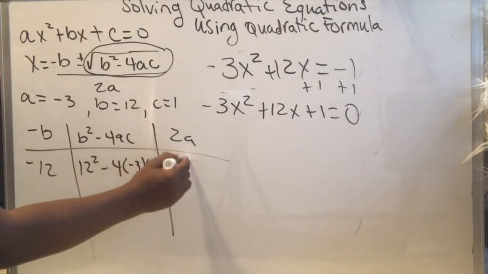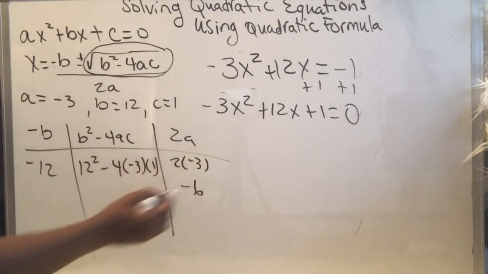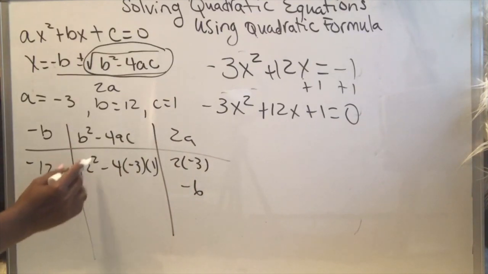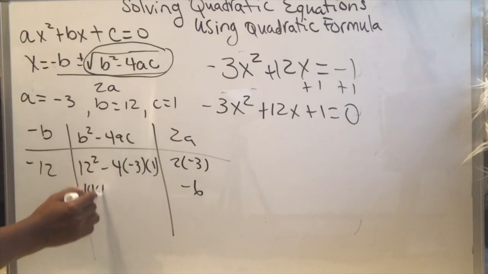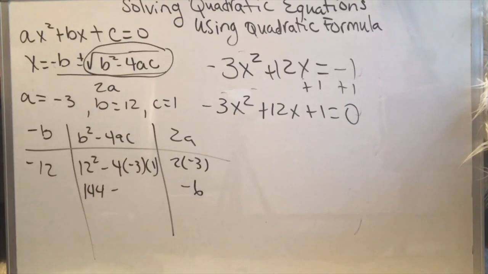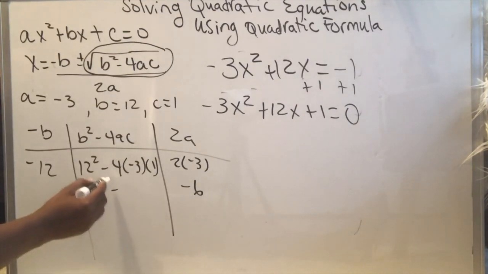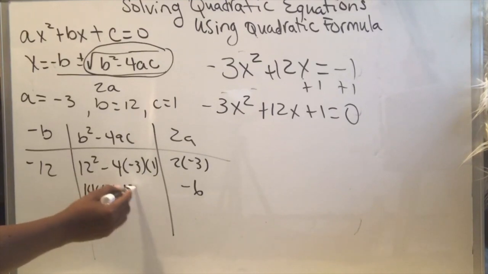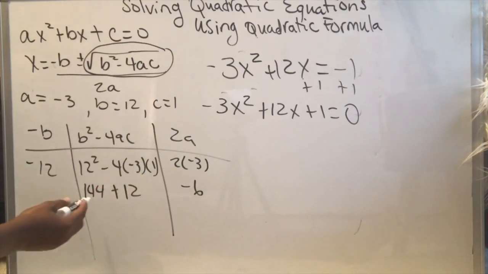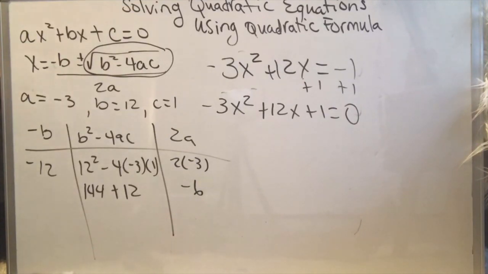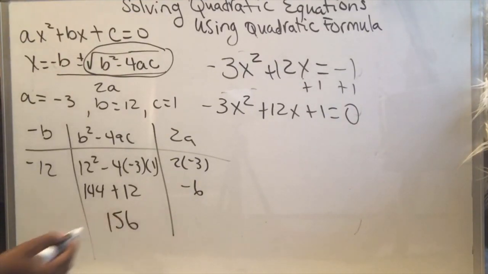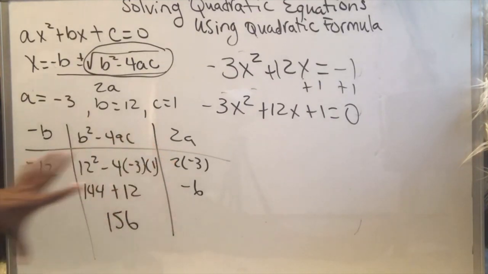And 2 times negative 3 is negative 6. 12 times 12 is 144. 4 times negative 3 is negative 12. But it's a minus, so that becomes positive. So we have 144 plus 12, which gives me 156. All right, so now we have 156, we have negative 6.